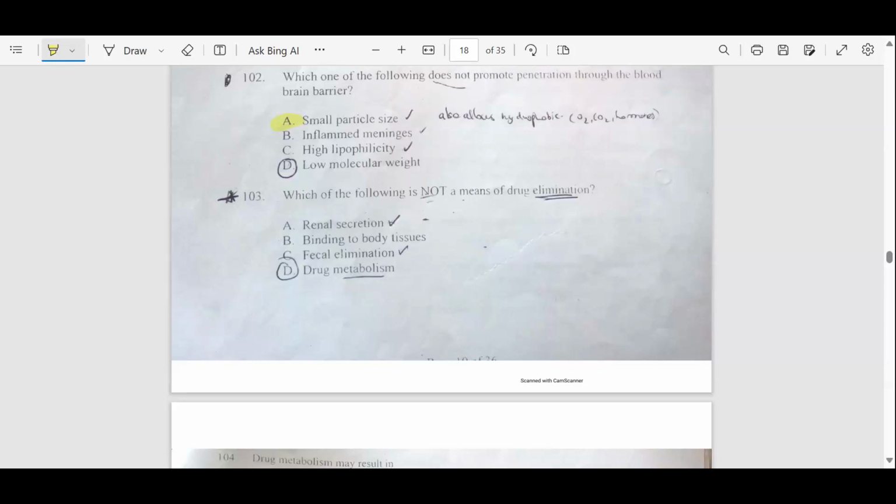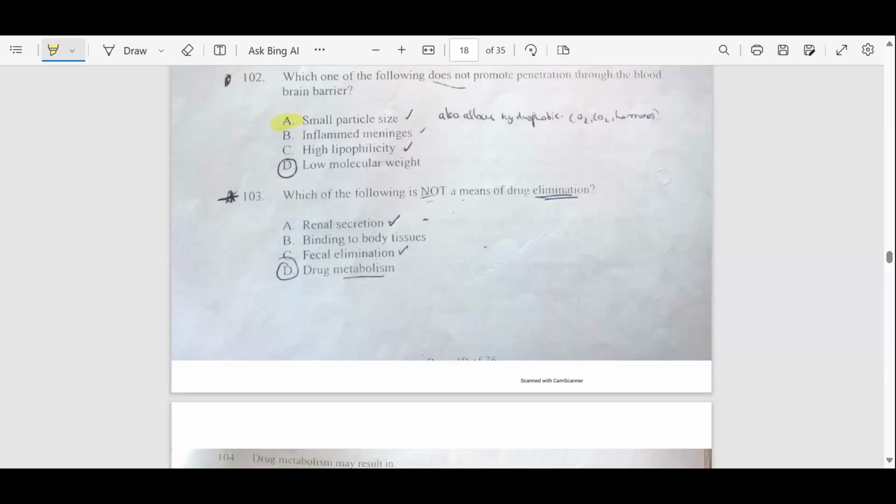We also have active transport as another factor, which says that some molecules can use active transport mechanisms to cross the BBB. For example, specific transporters facilitate the entry of essential nutrients like glucose and amino acids. Another factor is lipophilic analogs. Designing drugs or compounds with lipophilic analogs can enhance the ability to penetrate the BBB.